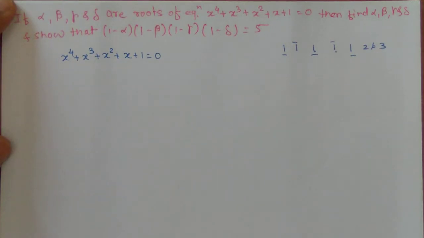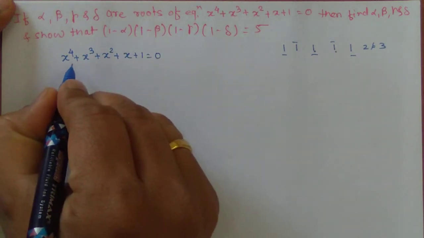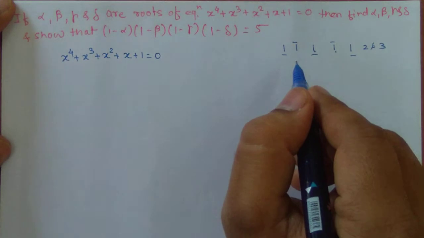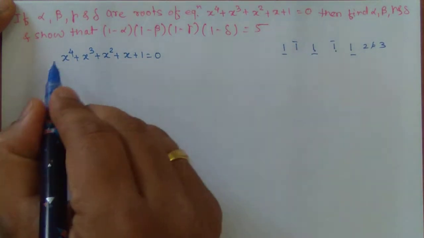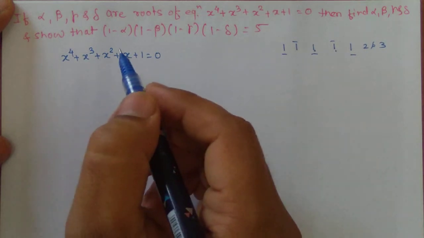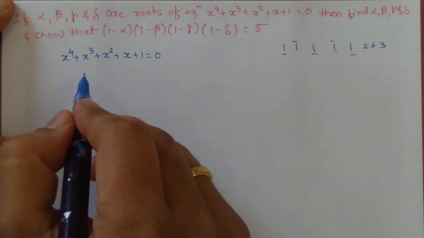So what to do? See one more thing. If I can change this equation into some higher order equation by multiplying by some factor of x, then we see what will happen.